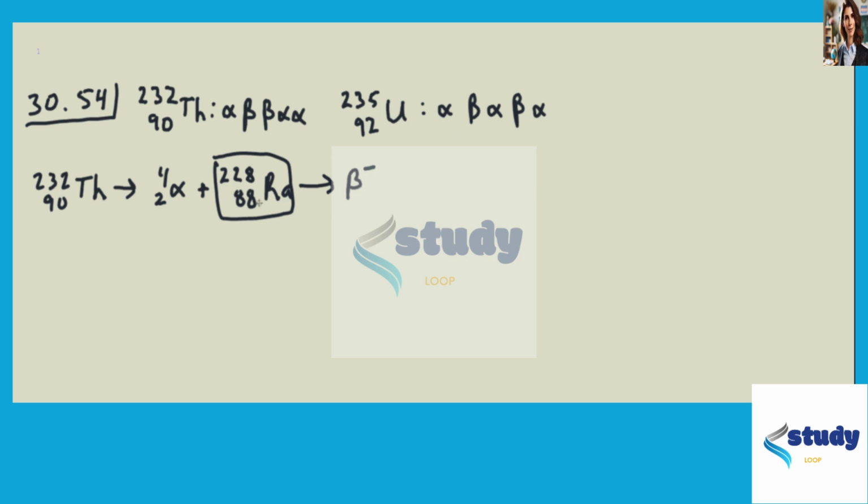So this means that the positive charge of this increases by 1 because it lost a negative charge. So its mass number is still going to be 228, but now its charge number is going to be 89. And this is actinium.